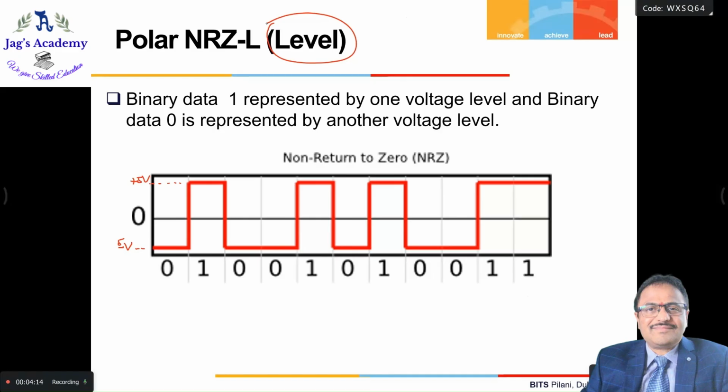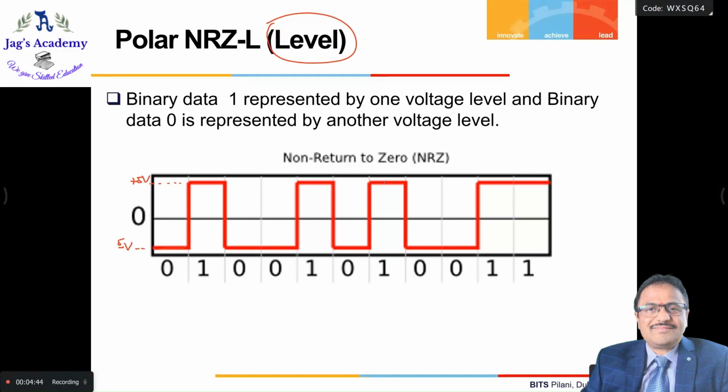See here, when the bit is 0, it is minus 5 volt. When the bit is 1, it is plus 5. Once again, when it is 0, it is minus; 0, 1 again minus, 1 plus, 0 minus, 1 plus, 0 minus, 0 minus, 1 plus.